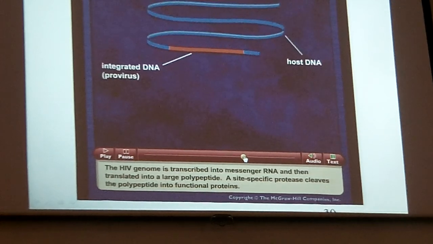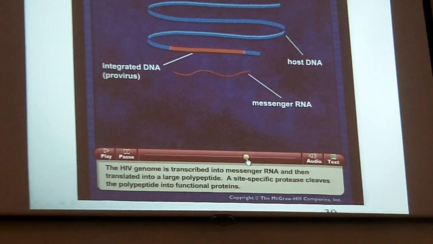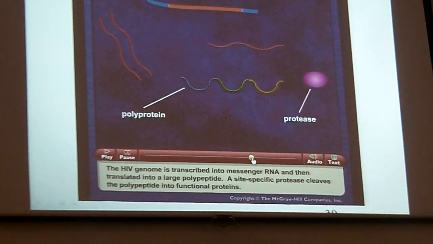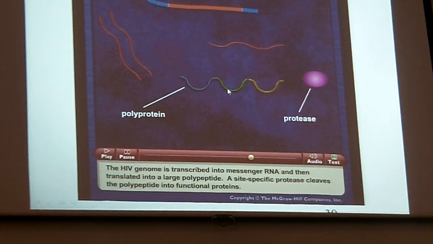Okay, so here's the provirus of the HIV virus sitting in the nucleus. And that's going to be translated into proteins, right? Into messenger RNA, and then into a protein in the ribosome. There's the protein. Now this long protein actually has to be cut.